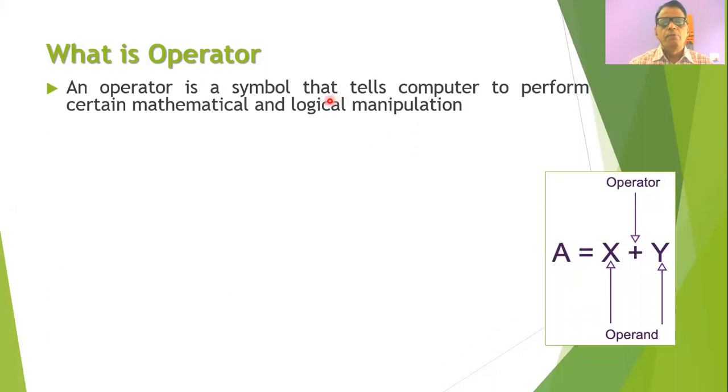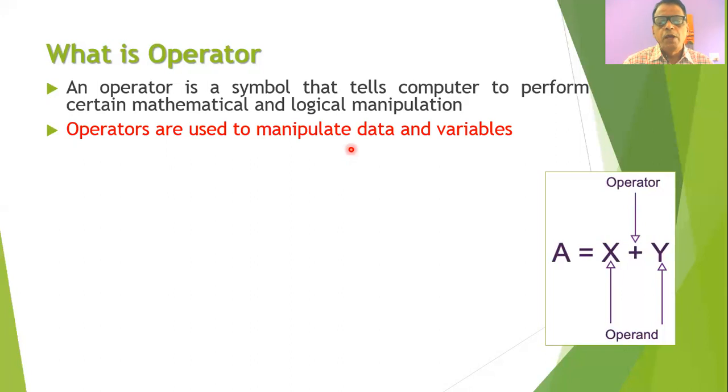So we can say that an operator is a symbol that tells the computer to perform a certain mathematical or logical manipulation. Whenever, while writing the program, you need to perform any mathematical or logical manipulation, you need to make use of the operators that are provided in that programming language.